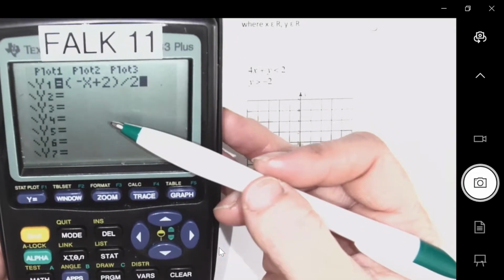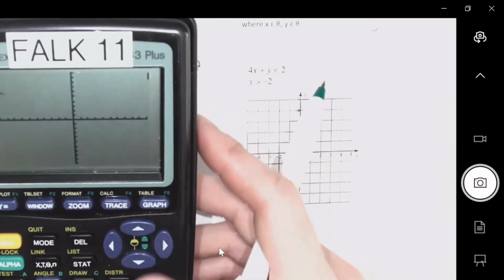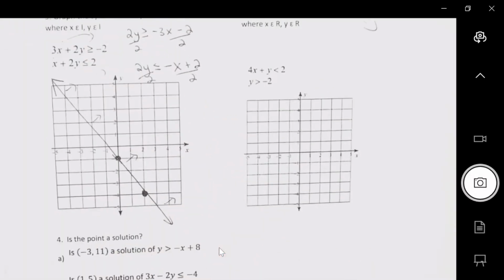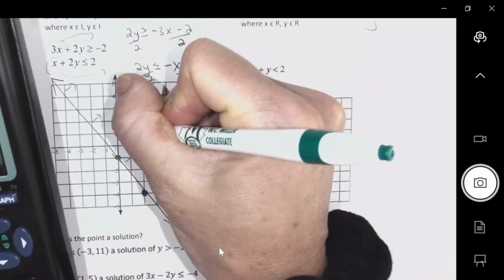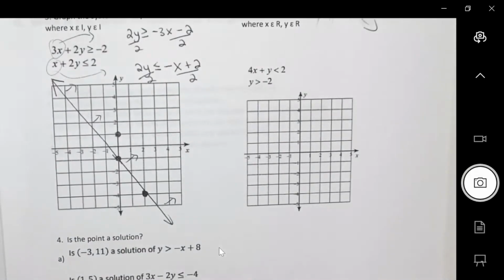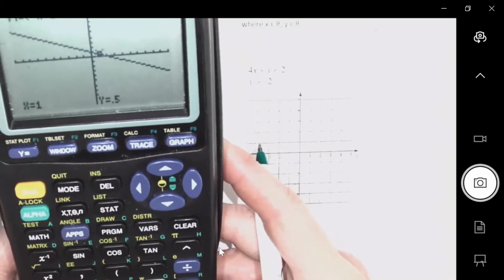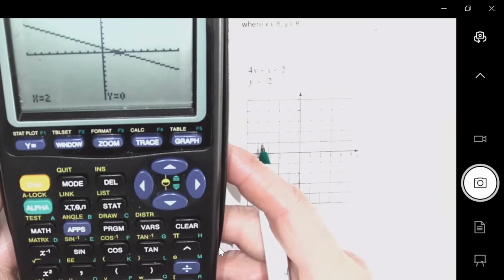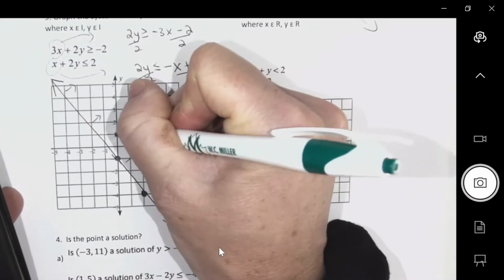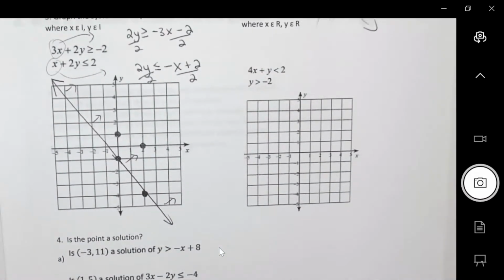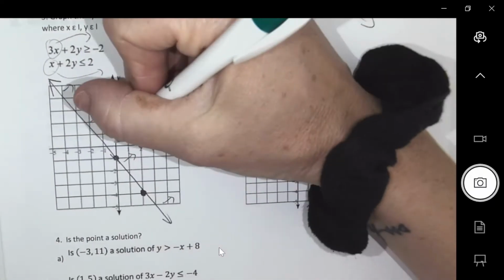Brackets, negative x plus 2, divided by 2. Graph. Trace. I got a 0, 1 as a point on it. 1, oh, that's a fraction. Oh, there we go. 2, 0. I like that point. 2, 0. So there's 2 points, and I'm going to draw the line through it. So it is solid. Solid line.